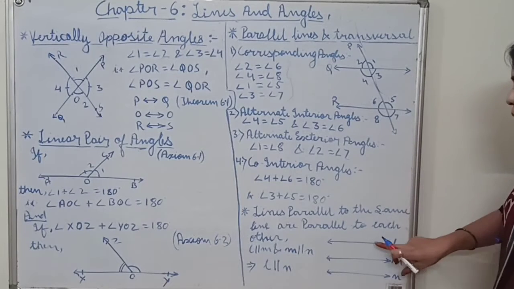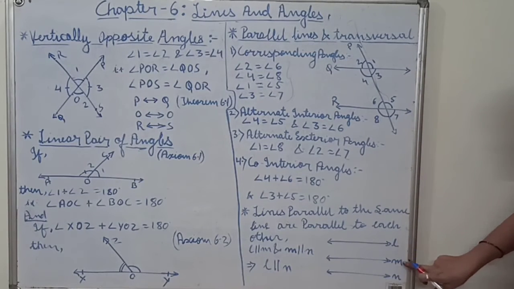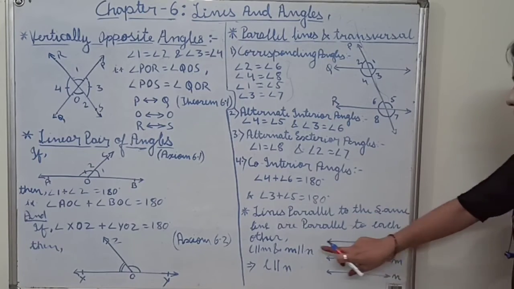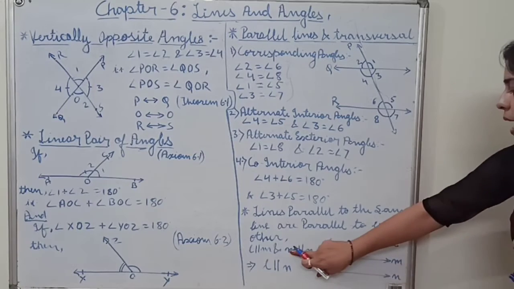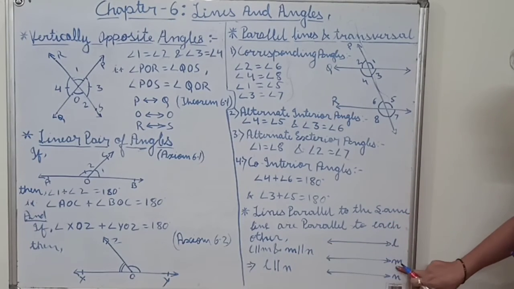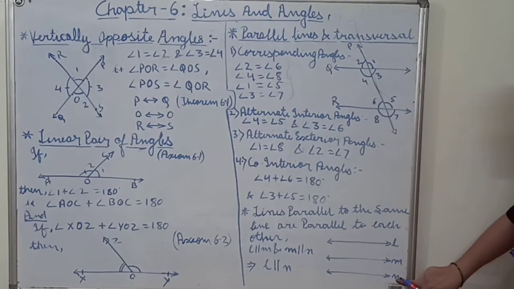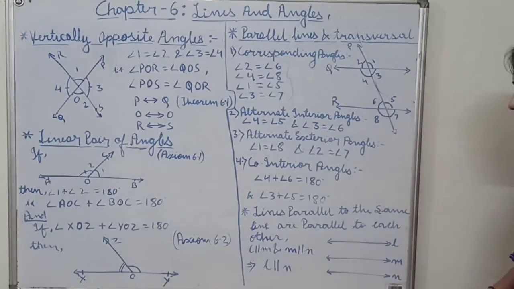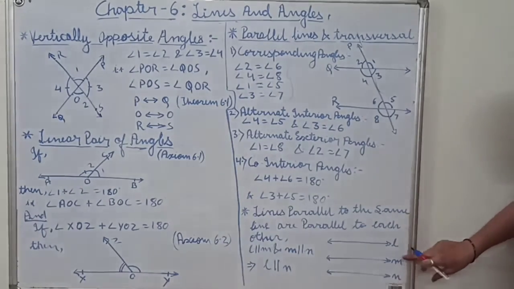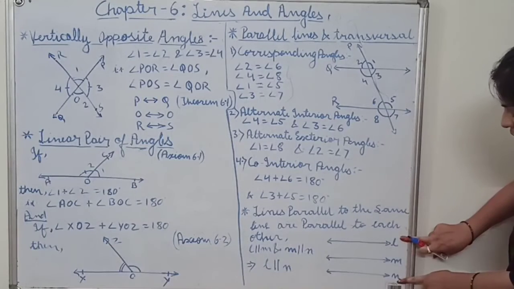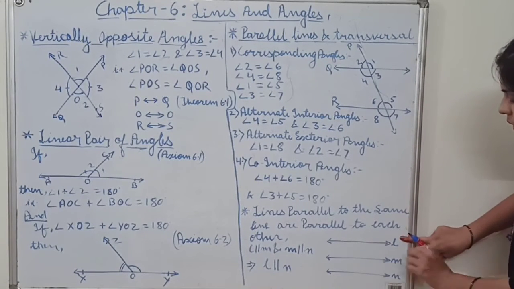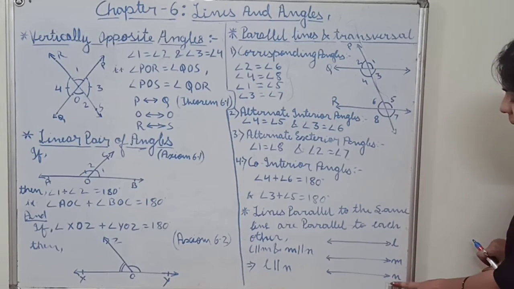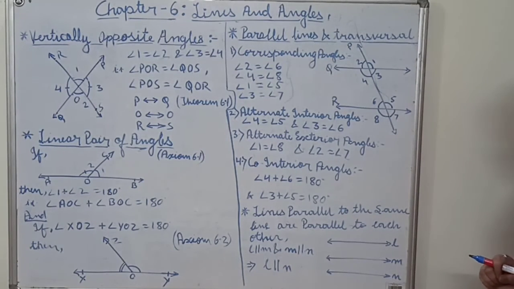Suppose we have two lines L and N. It is given that L is parallel to M, and M is parallel to N. Then the two lines L and N, which are parallel to the same line M, will be parallel to each other. Line L will be parallel to line N.